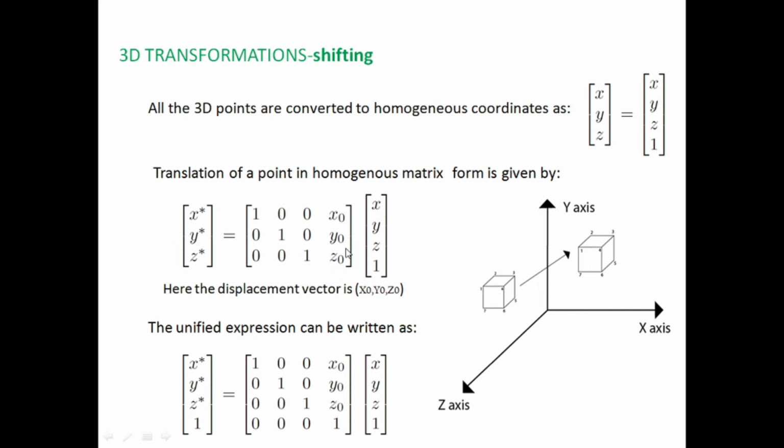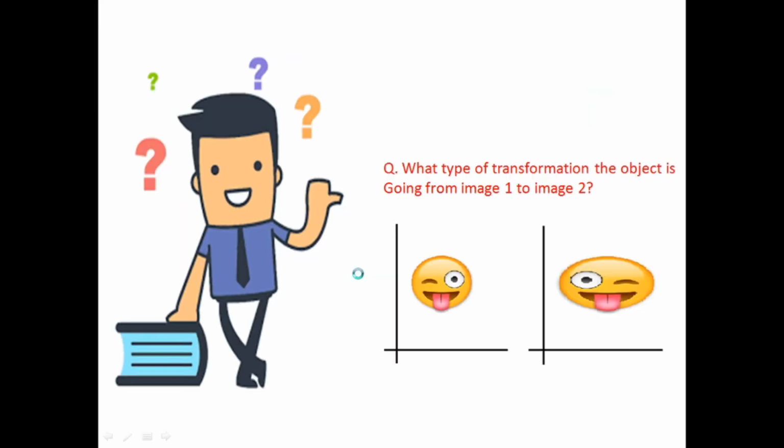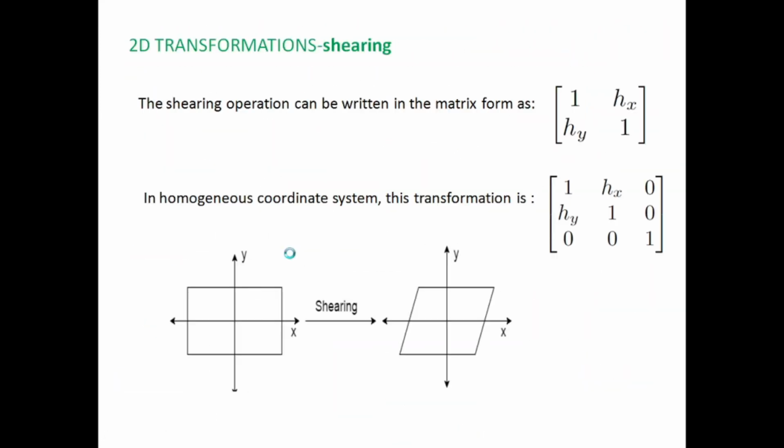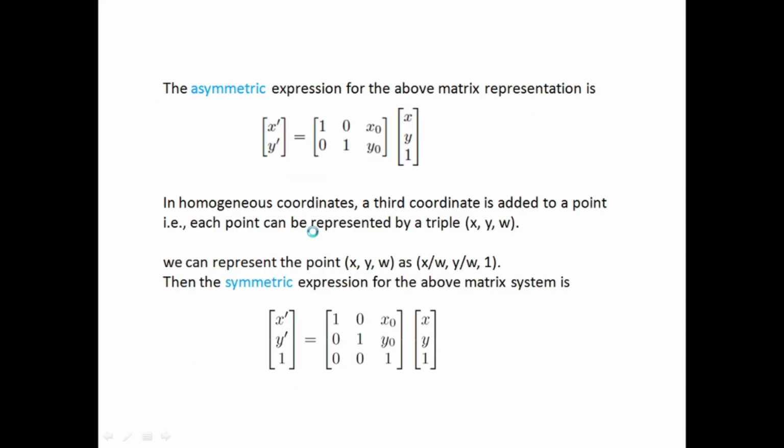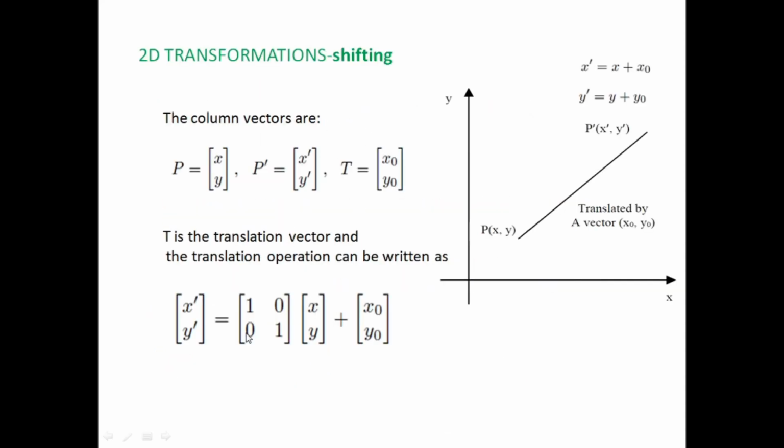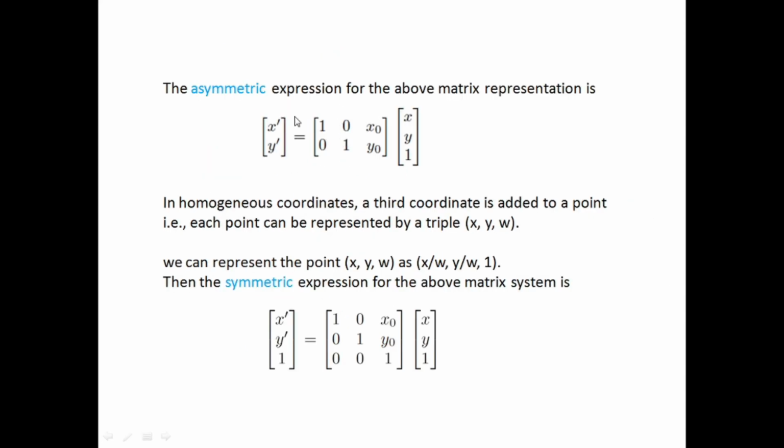I didn't represent it here, keeping in mind that you got an idea about this 2D shifting. Here you can see this is what I am representing in the 3D coordinates, but here these are my 2D coordinates.